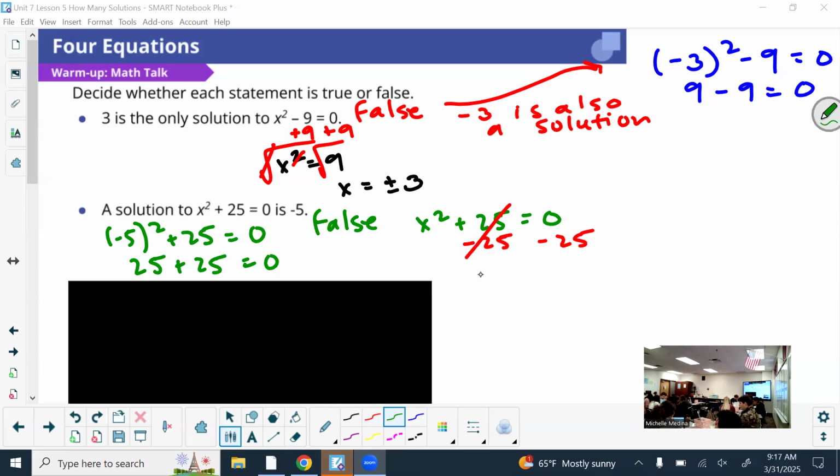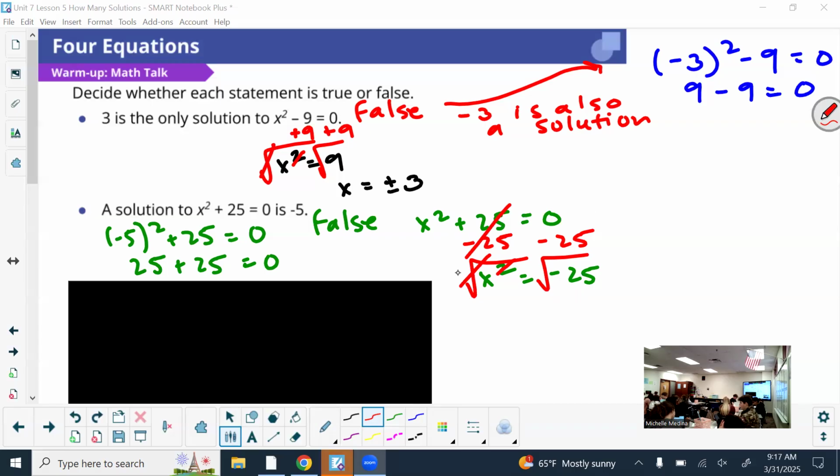I get x squared equals negative 25. Opposite of squaring is square rooting, and this is why it's not a solution, because there's actually no solution for this one. Because what they have here is square rooting a negative number, and that's impossible. If you try to do that in your calculator, it'll give you an error message.